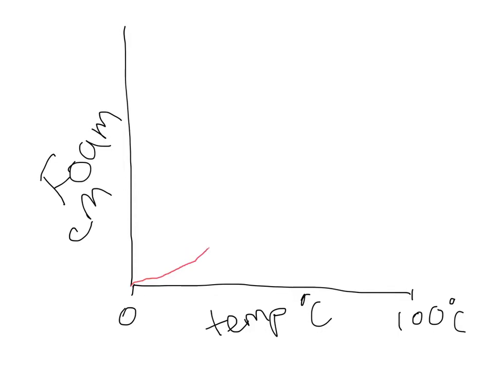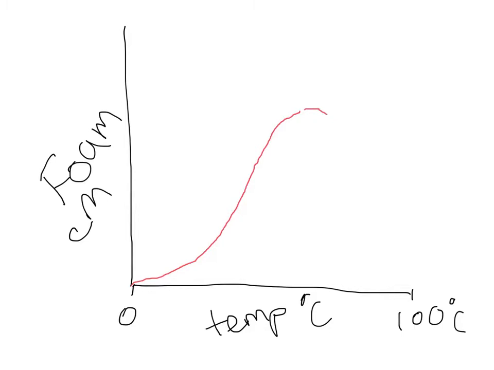But as it warms up, the molecules start vibrating and there's more collisions between them, and therefore the reaction rate increases. Now, because it's a biological molecule, it will keep increasing until it gets to its optimum temperature. Once it gets past its optimum temperature, it's getting too hot, and now the molecule is vibrating so much that the chain of amino acids, which the enzyme is made up of, starts to break apart and change shape, and that's known as denaturing.